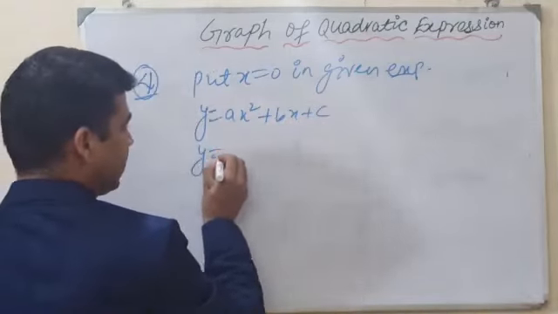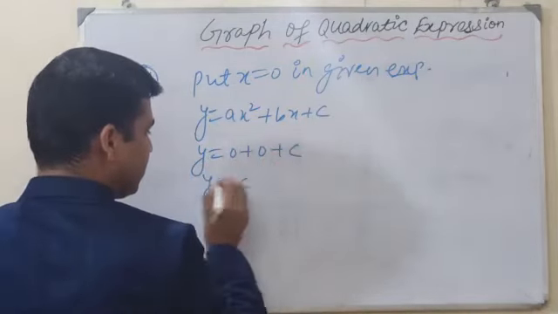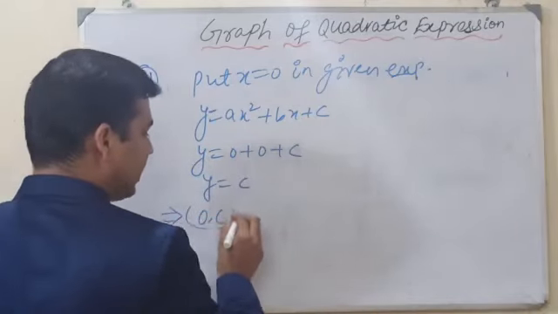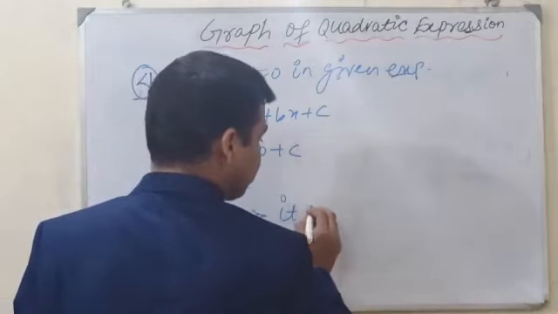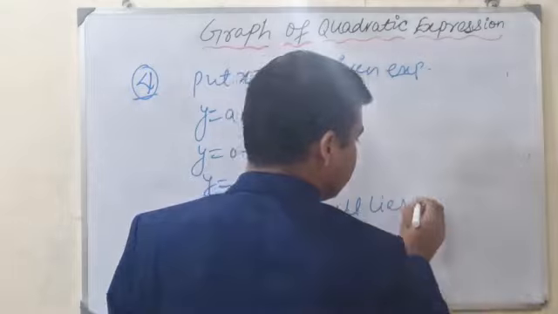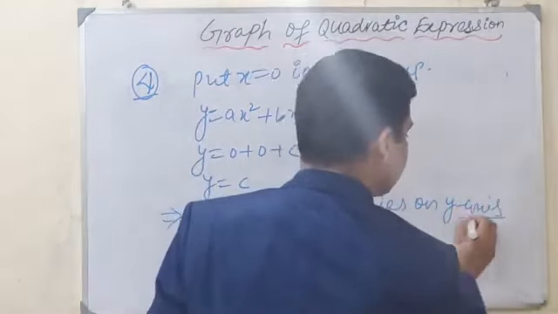You will get 0 plus c, means y will be c. So finally we will get 0 comma c, and it will lie on the y axis.